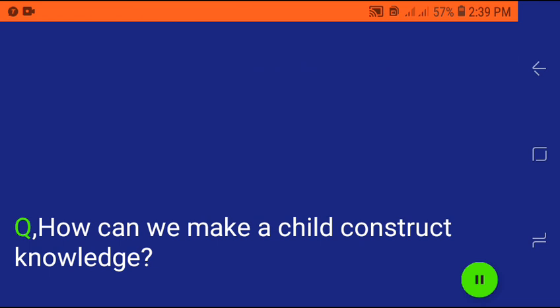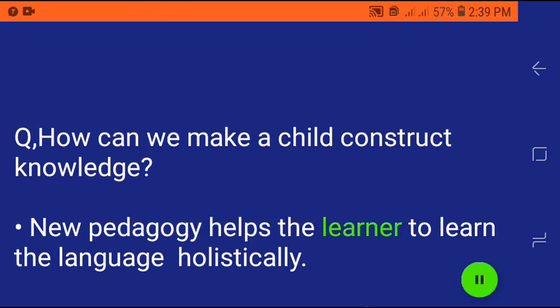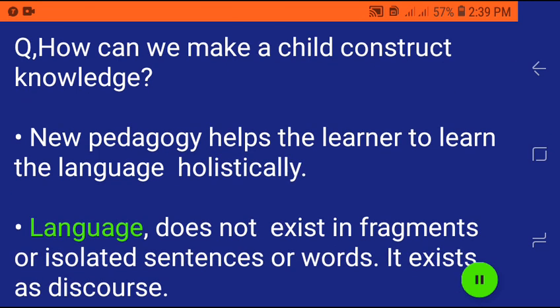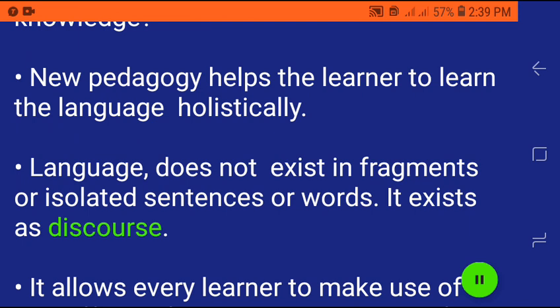Q. How can we make a child construct knowledge? New pedagogy helps the learner to learn the language holistically. Language does not exist in fragments or isolated sentences or words. It exists as discourse.